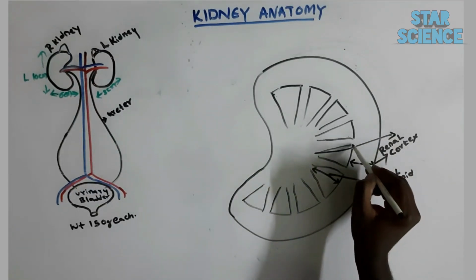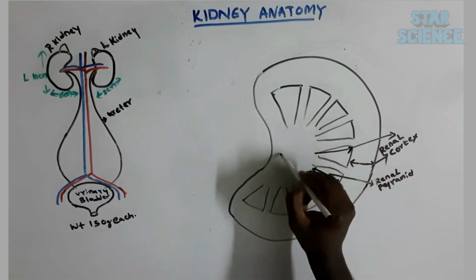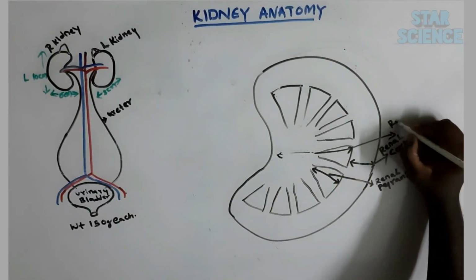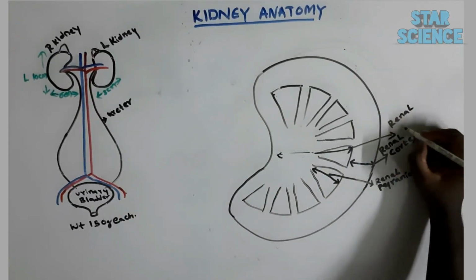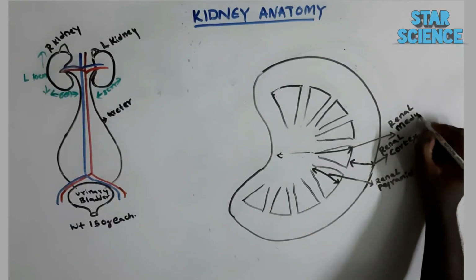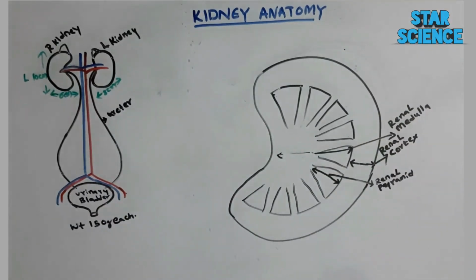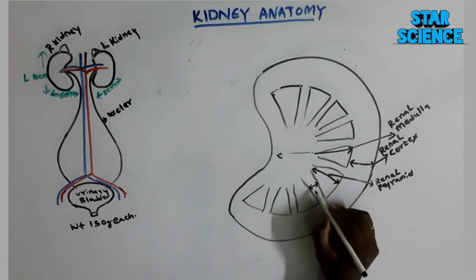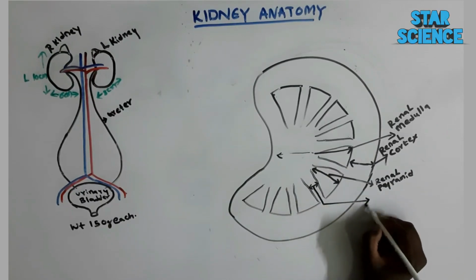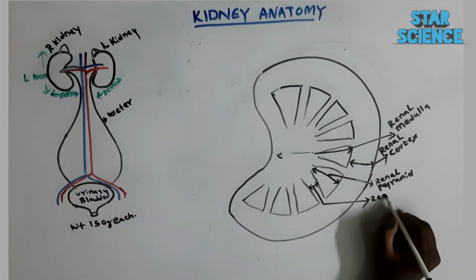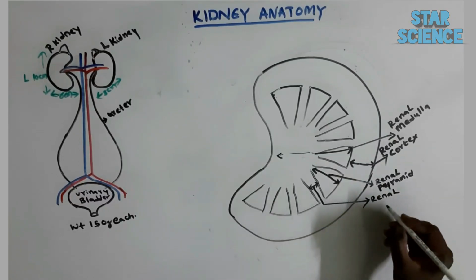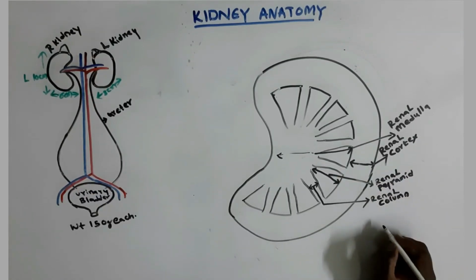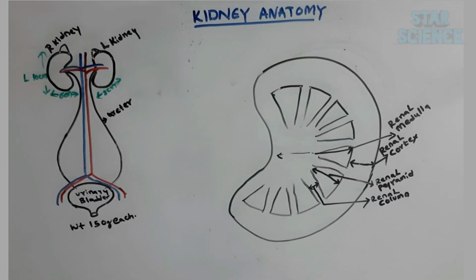From here till here is called the renal medulla. The renal medulla consists of renal pyramids, and the place between the renal pyramids is called the renal column, which is also called the cortex of the renal.